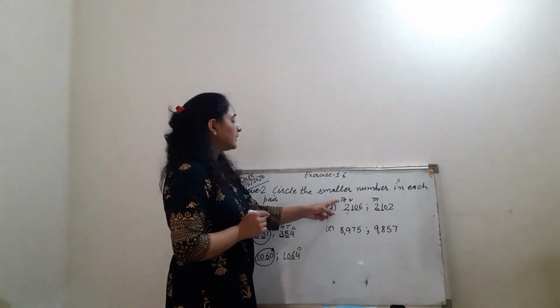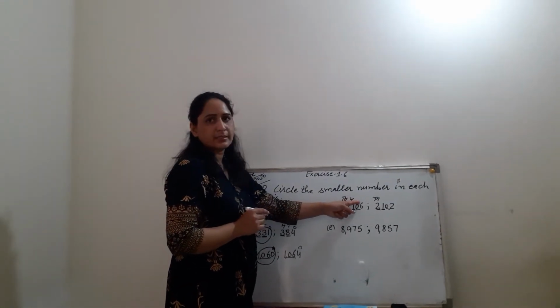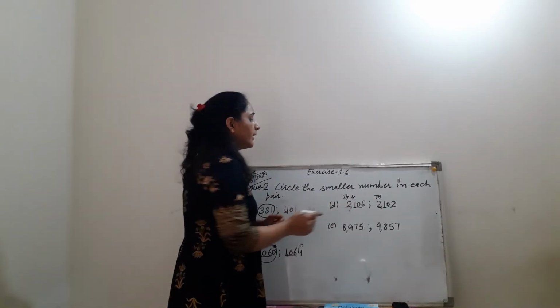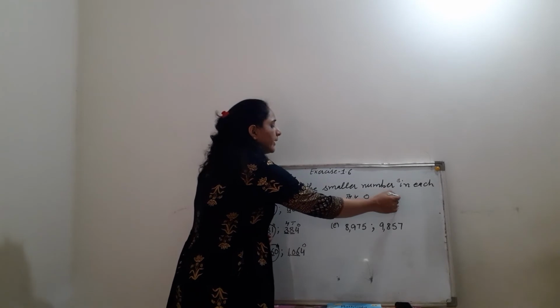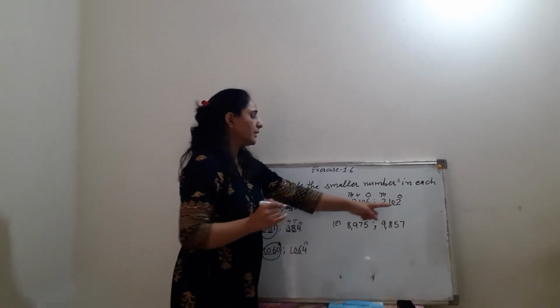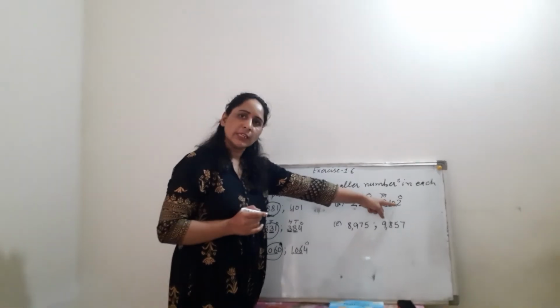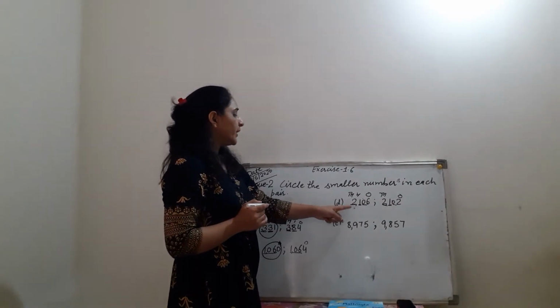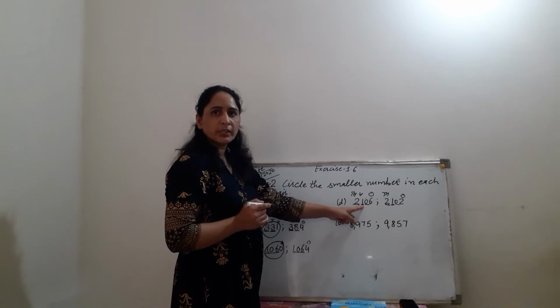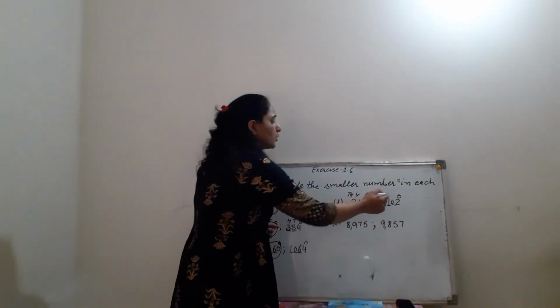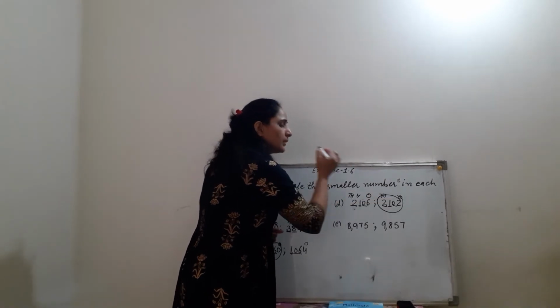It means in the thousands, hundreds and tens, all the digits are same. Clear? But in the ones place there is 6 and there is 2. So which one is smaller? 2 is smaller. Clear, students? So when we read, it's 2106 and 2102. So this is the smaller number.